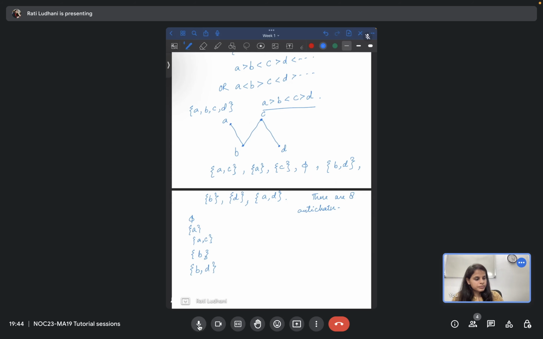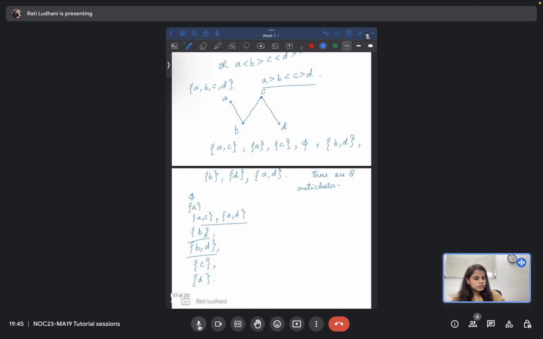With AC you can add D also, so it is already counted. Then with B this is done, and you go to C, and with C you can only take A, which has already been taken. And with D you can just take D, because with B it is done. So this is 1, 2, 3, 4, 5, 6, 7, 8. So there are 8 anti-chains in this case.